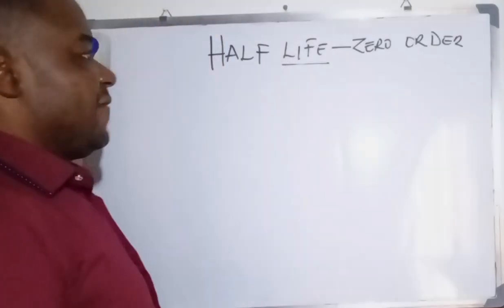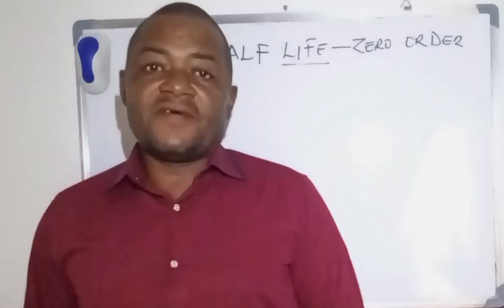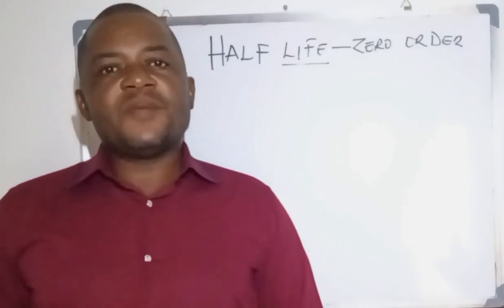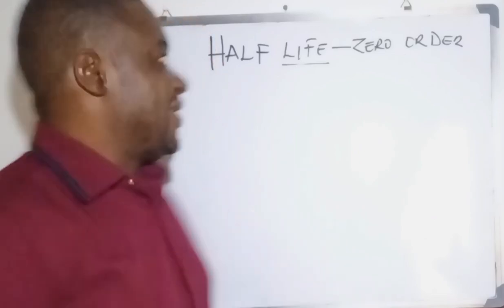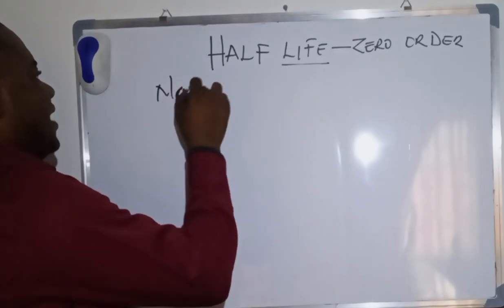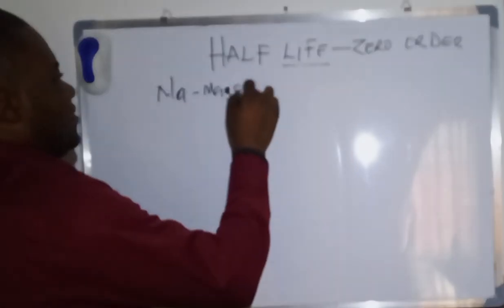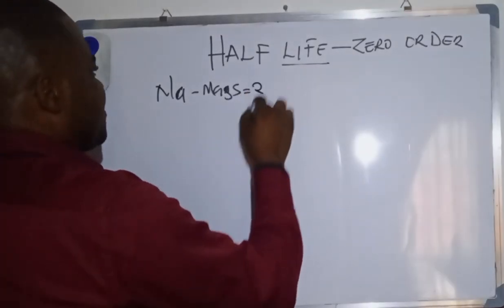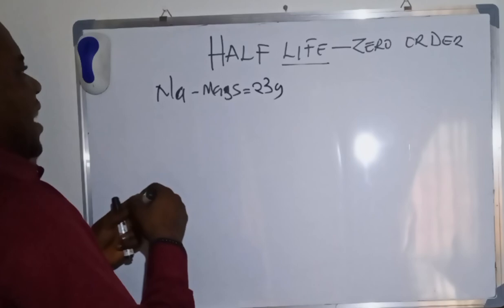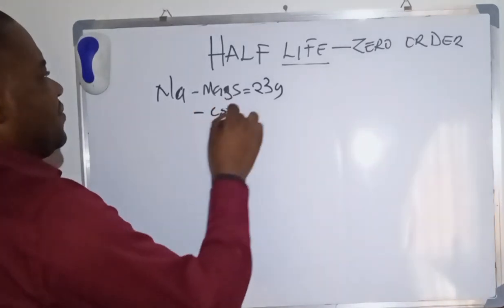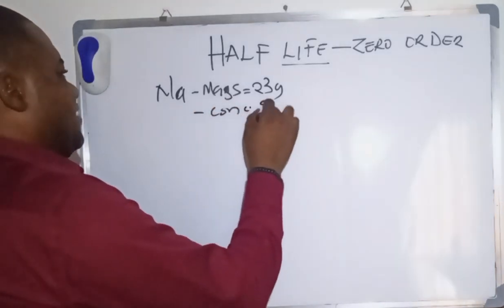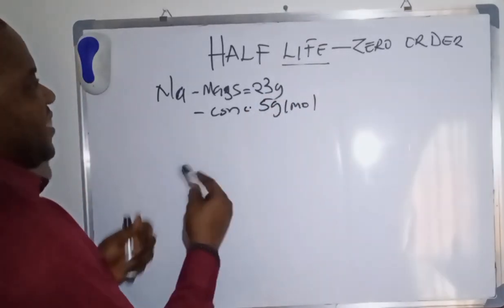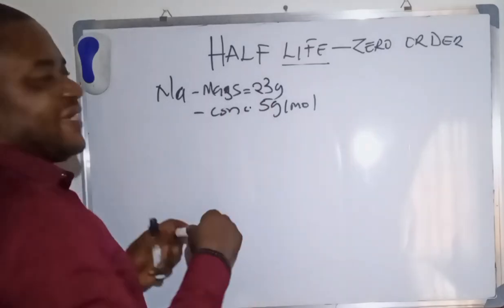For example, if you have sodium pellets, it has its concentration. Let us assume the mass of sodium is 23 grams, and the concentration of sodium is, let's say, 5 grams per mole. If we say half-life, we do not mean that the mass of sodium is divided by 2.